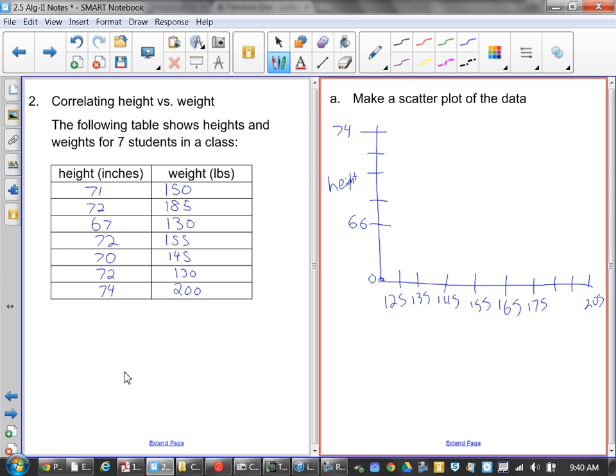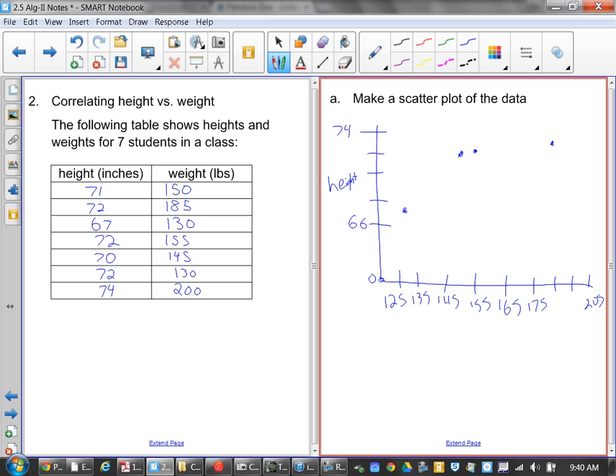71 inches at 150 pounds. So here's 150, 71. 72, 185. 67, 130. 72, 155. I probably should have flipped it, because this is kind of weird going the opposite way around here. It's all right.